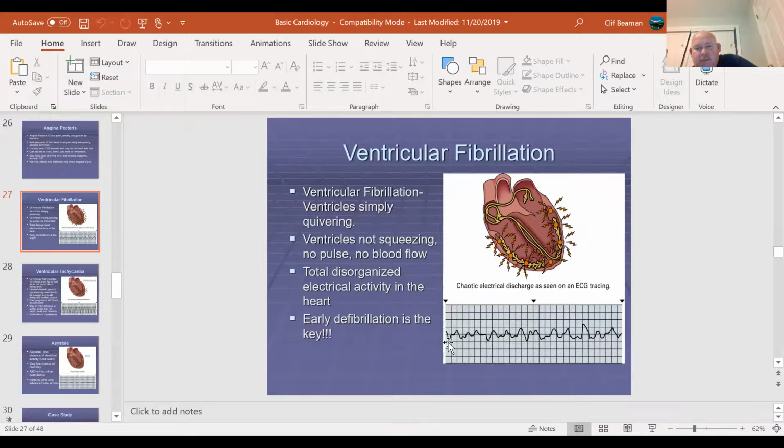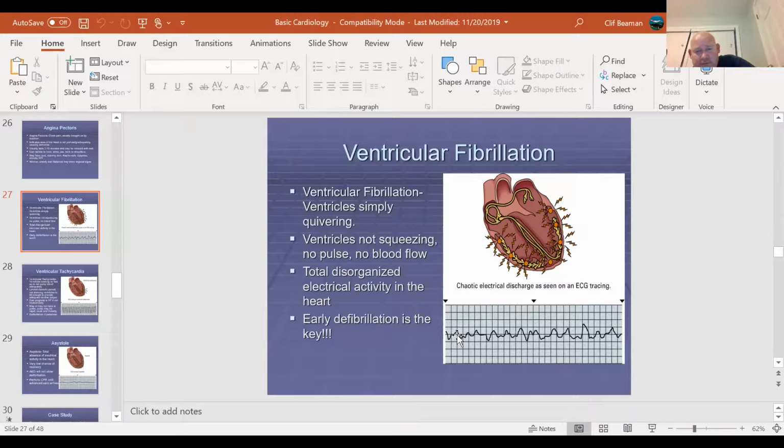This is the fibrillation, the quivering. That's what it looks like when we print a rhythm out. Totally erratic, nothing discernible, none of the parts you could recognize. So if you see this, this is called VFib.